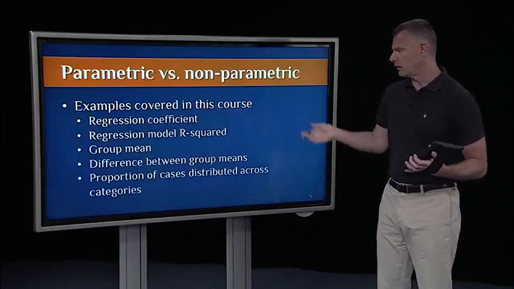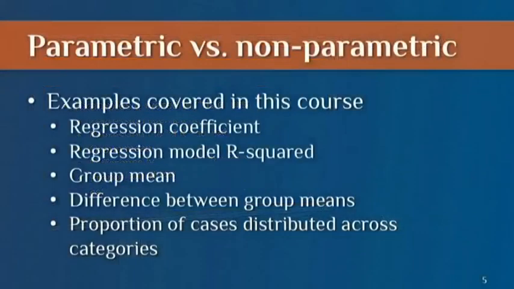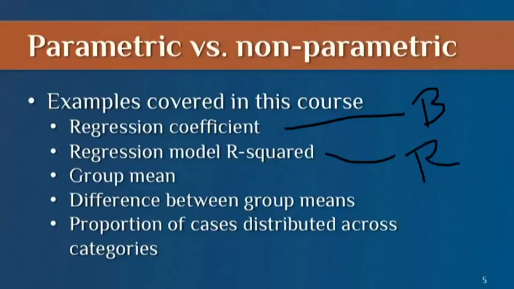So examples covered in this course: we started out with the regression coefficient, so just that B term in the regression model. The regression model R squared. Remember, we could get the proportion of variance explained in the outcome variable by the set of predictors. We looked at group means.